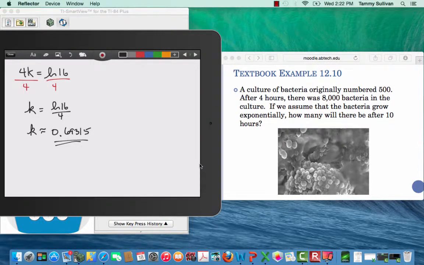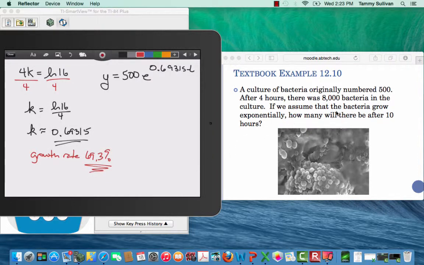So that brings us back to, now my equation is going to be 500 e to the 0.69315t. And if you want to know the growth rate, it's 69.3%. So this bacteria is growing very fast.